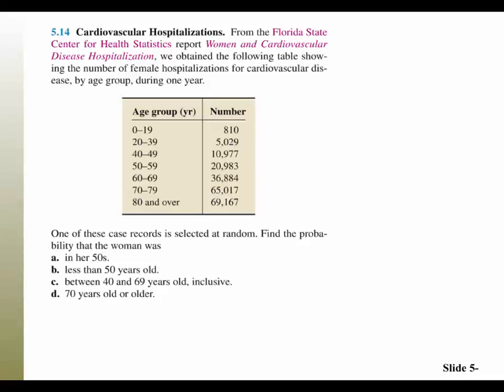One of these cases is selected at random. What's the probability that the woman was in her 50s, less than 50? Here you have to look at less than 50, which takes into account more than just one category. So you have to account for that. I think you can do it.